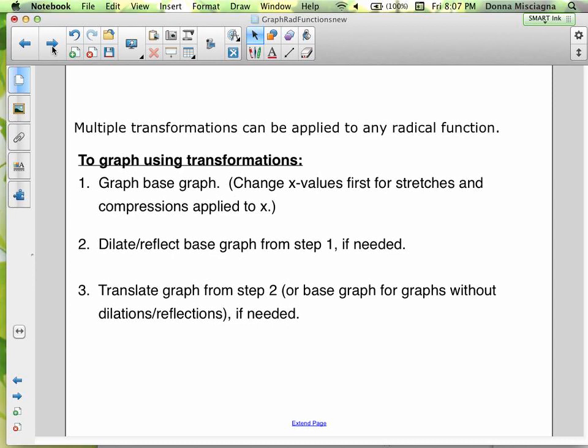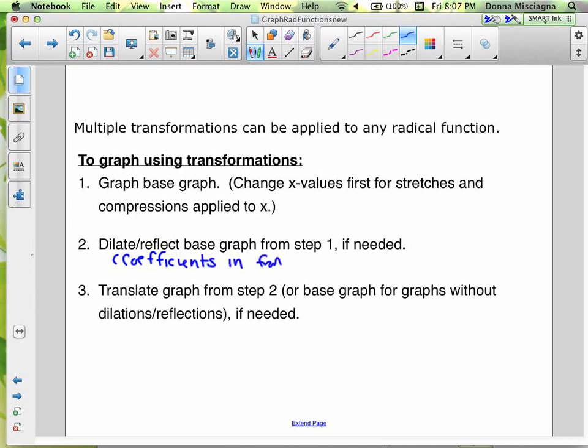These are the coefficients in front of the radical, in front of y. So horizontal, then vertical, and that includes reflections, and then translate, or use the base graph for graphs without any dilations or reflections, right?